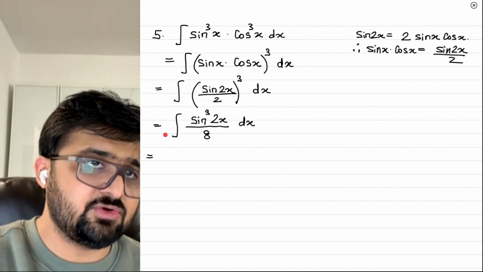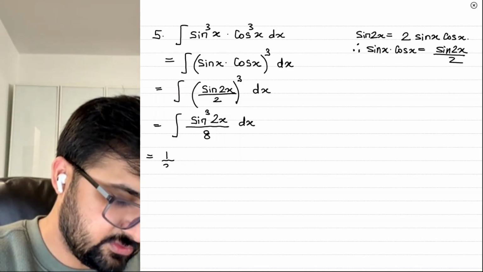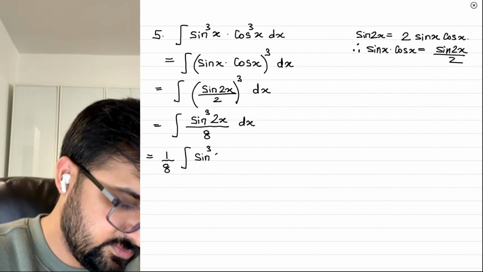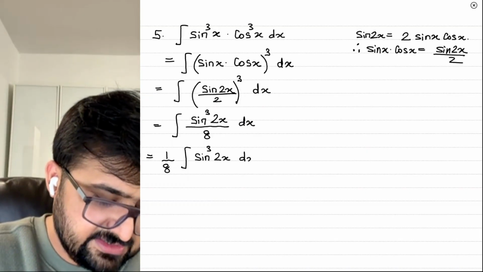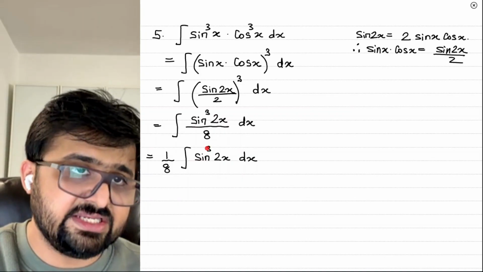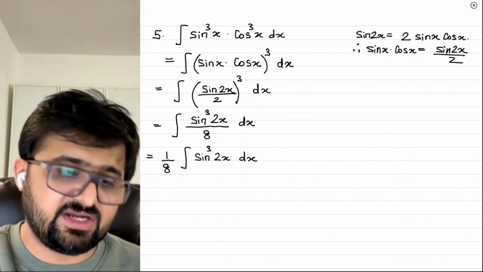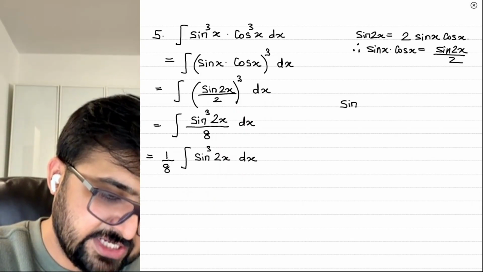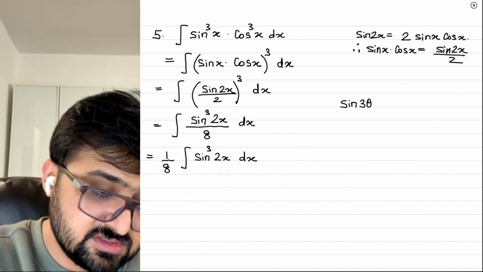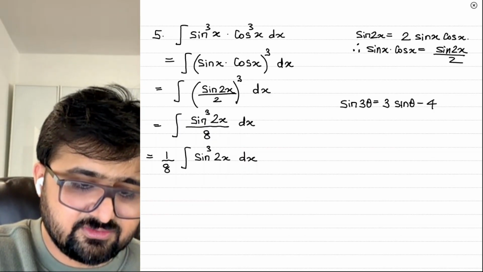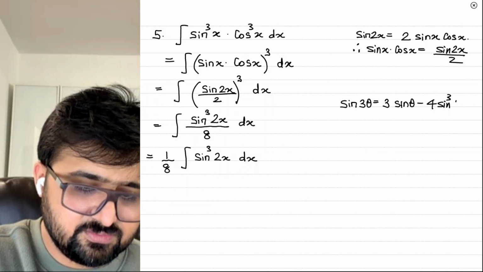Take that 8 out of the integration. So you get 1 over 8 integration of sine cube 2x dx. Now it is again power 3. I need to convert that power 3 into power 1 using the formula of sine. I know sine 3 theta is 3 sine theta minus 4 sine cube theta.